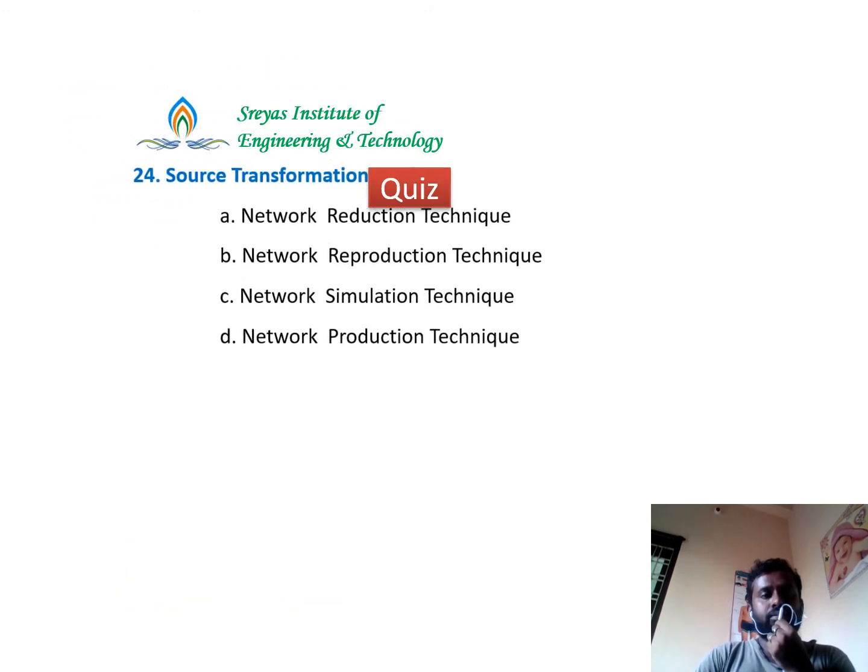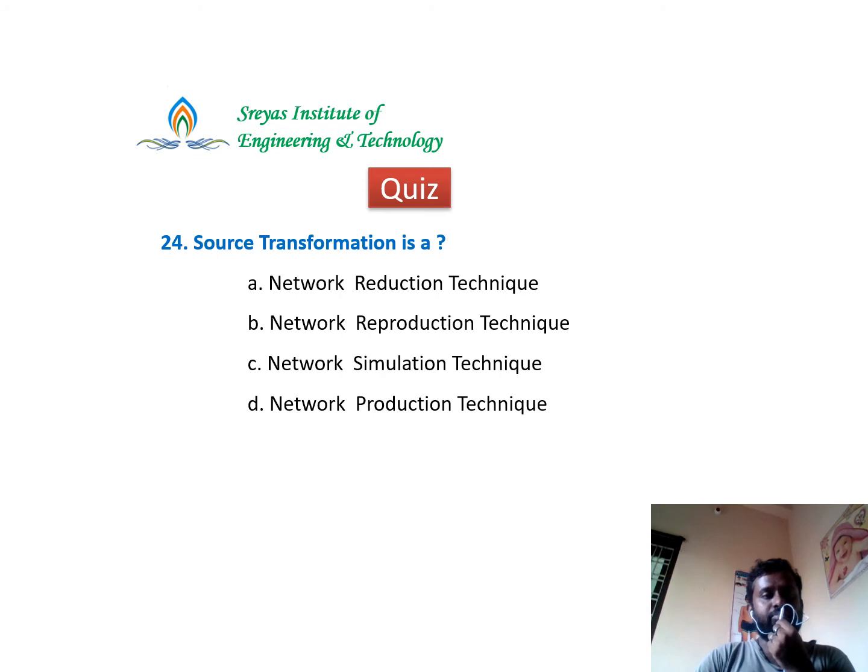Now let's see whether you have understood the concepts of source transformation, KVL and KCL better. For this I'm going to give you a quiz. Let's start the questions. Source transformation is what kind of technique: a reproductive technique, a simulation technique, a production technique, or a reduction technique?